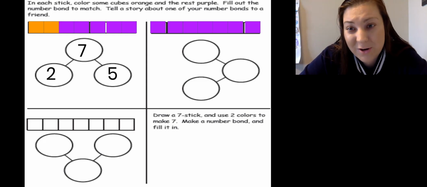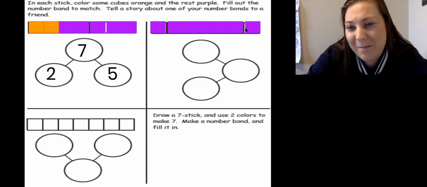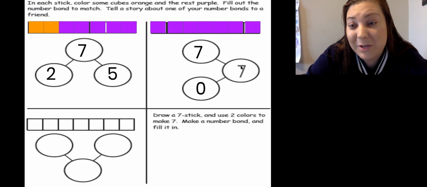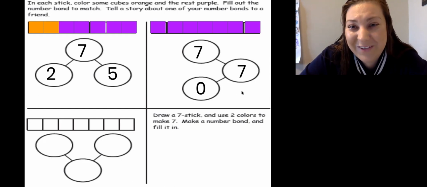They were all strawberry. So I colored them all purple, no oranges. So I have 7 cupcakes that were strawberry. 0 were a different flavor, which means 7 and 0 make 7. Very good. Your turn to tell me a story and fill in your number sticks.